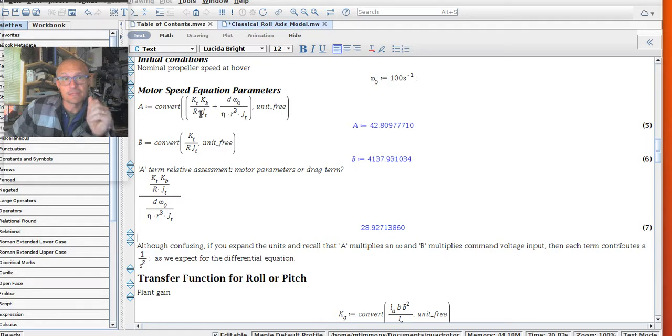That makes sense. Think about it. If we have a lot of torque and a light prop, a low moment of inertia for the prop, a small diameter prop, a lightweight prop, a lightweight motor, that actuator is more responsive.